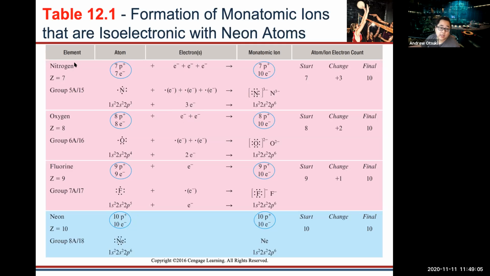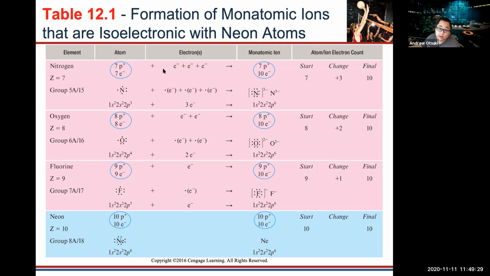So in this case, nitrogen, it's in group 5, 15. It has 5 valence electrons, or 7 protons, 7 electrons. So what we have here is what it likes to do. It likes to gain 3 electrons here.